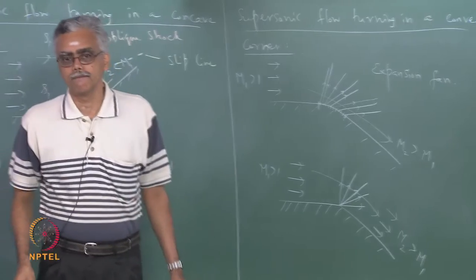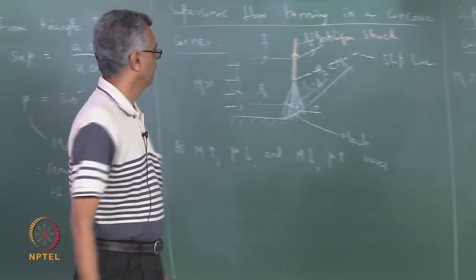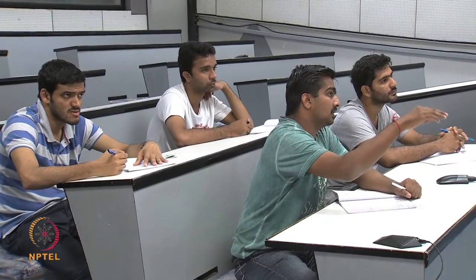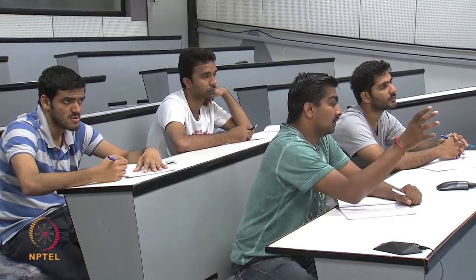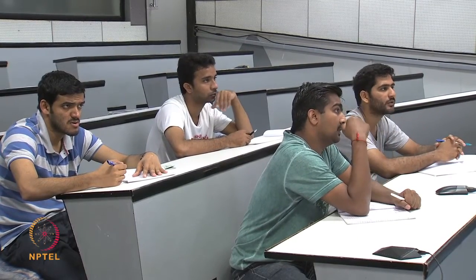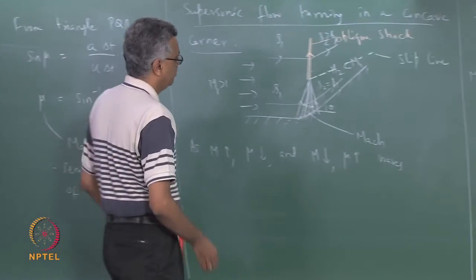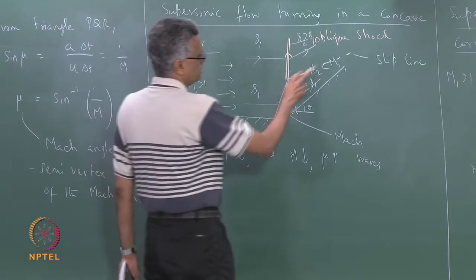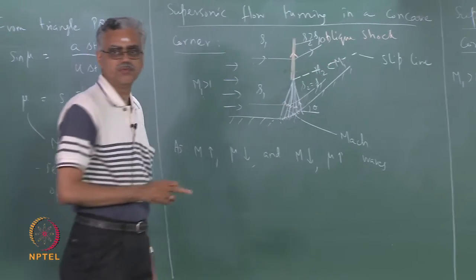In a concave corner, flow downstream of both the shock and this isentropic compression is parallel to the surface. And the slip line should also be parallel to the surface, right? Slip line usually will be parallel to the surface, but there can be situations where, instead of getting one slip line, you can also get one more slip line.